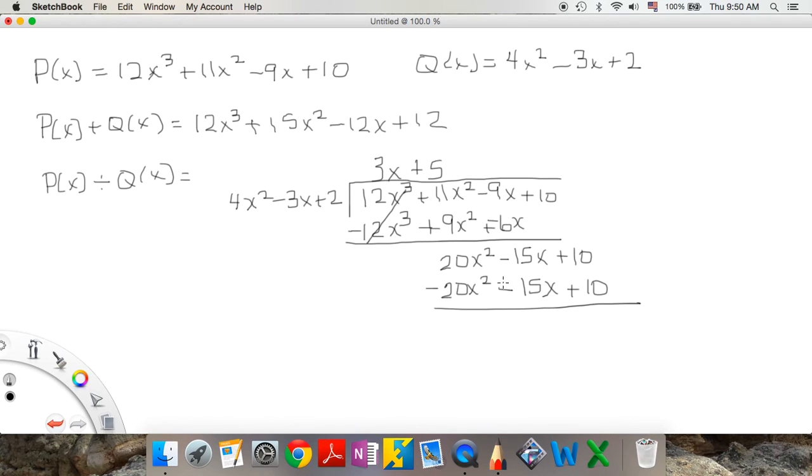And we subtract that. And in this case, this means we have no remainder. All right, so our answer is just 3x plus 5. Hopefully we remember that from Algebra 2.